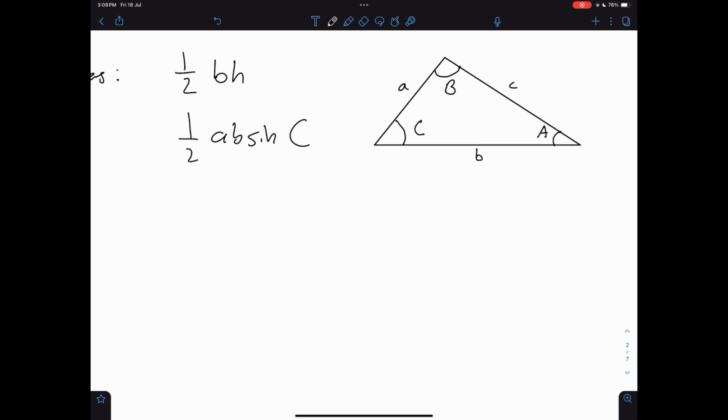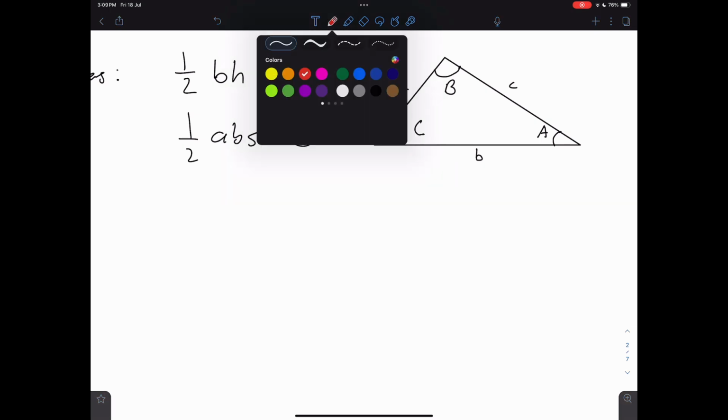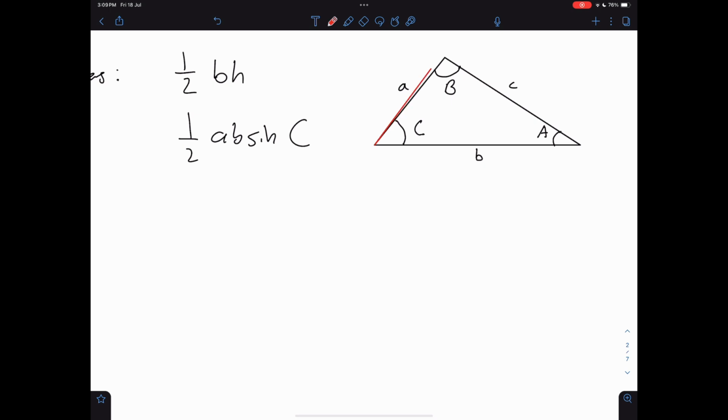And you could do half CB sine A, half AC sine B. It doesn't really matter as long as you're getting two sides and the angle in between those two sides.